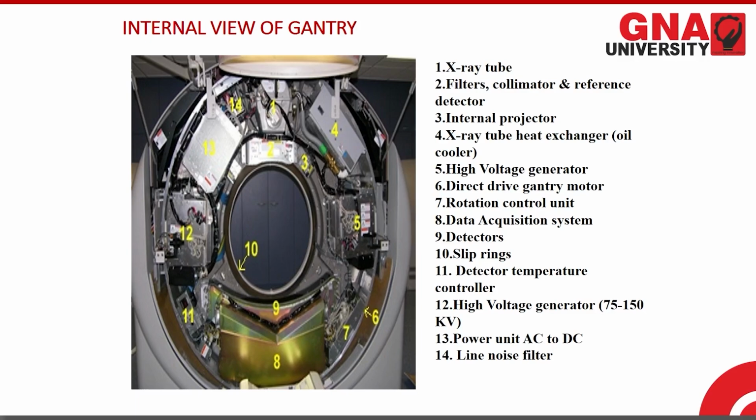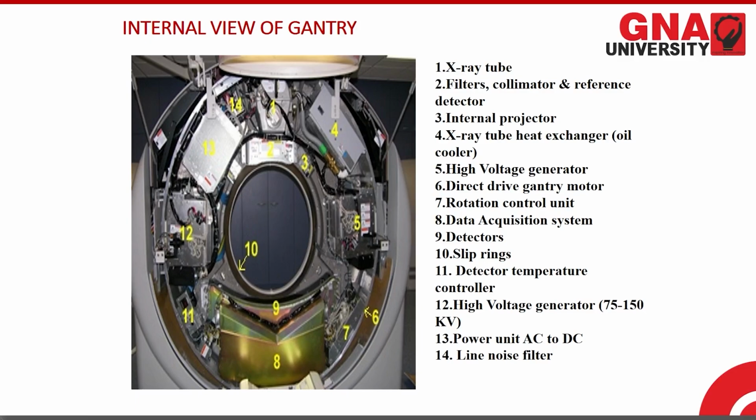On number 8, directly opposite to the CT tube, these are the detectors or the data acquisition system, which comprises detectors and detector electronics. On number 9, you are able to see the detector ring. Then on number 10, you are able to see the slip rings right here. Slip rings are the components which allow for the continuous rotation of the X-ray tube as well as the detectors.